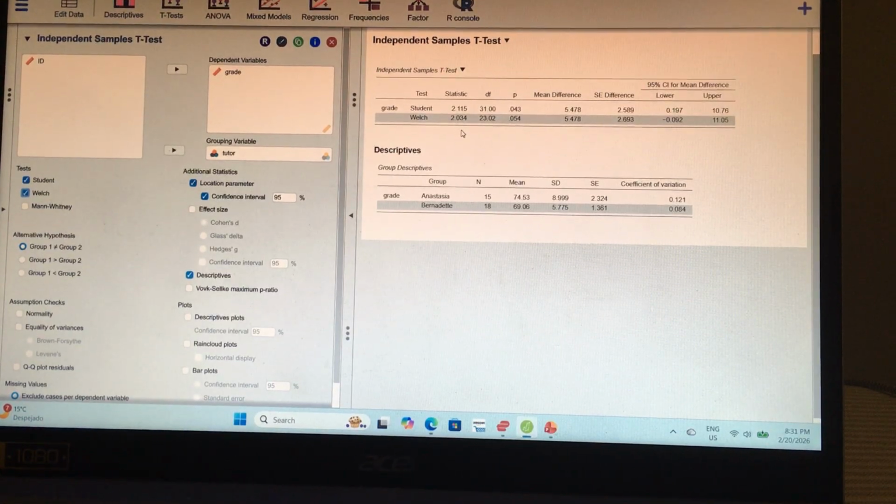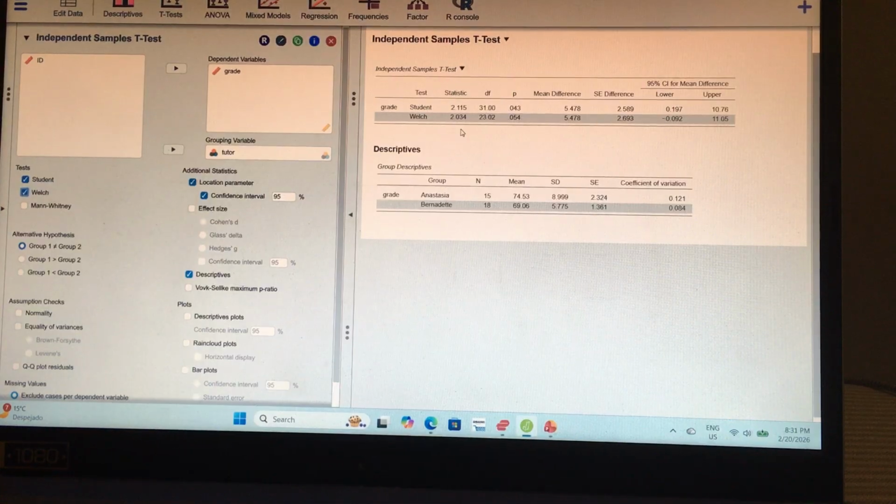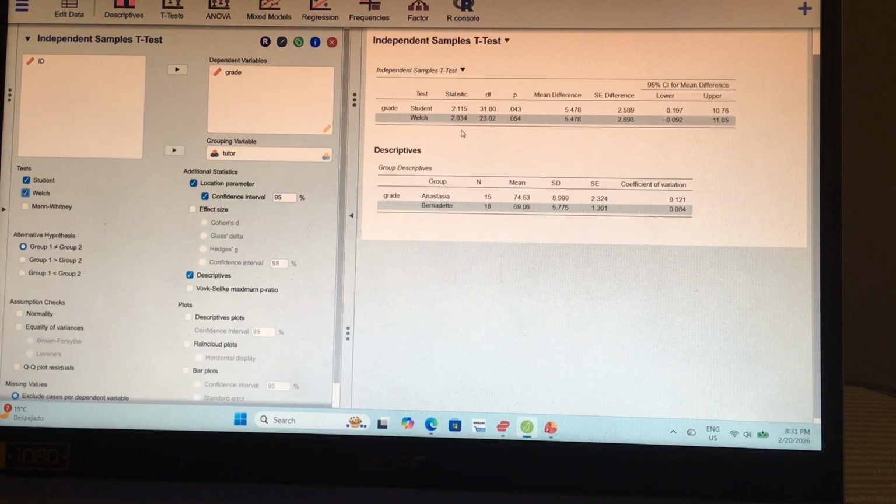So let's keep going on page 15. We just added the option to do the Welch test, and again, it was very easy. It's pretty much identical to when we did the student t-test, so it was really fast. Again, we just went under tests and we checked Welch.